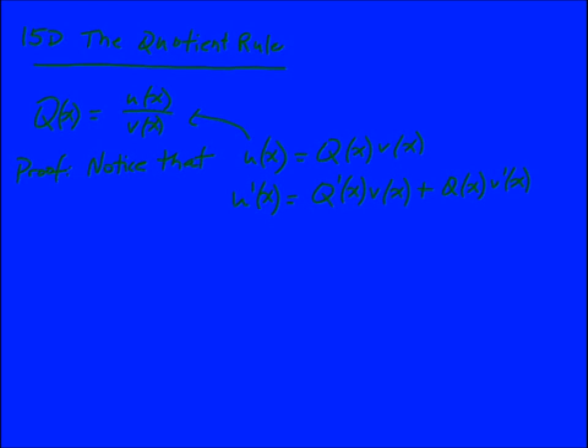Okay, now what we're actually trying to find here is the derivative of q, so we need to isolate that. So q derivative times v equals u derivative subtract q times v dash.